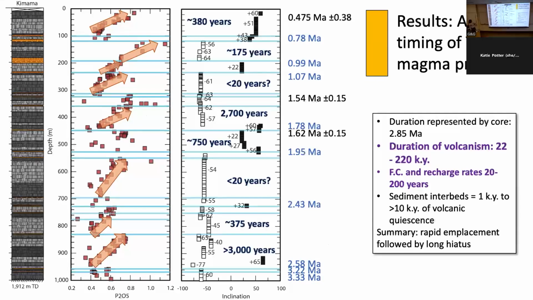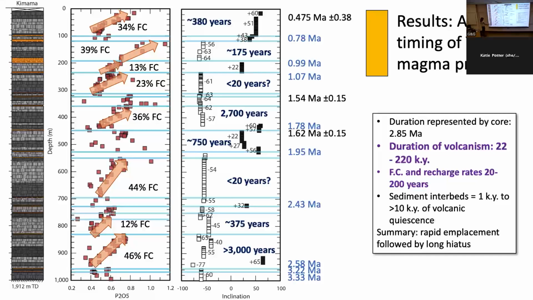So in that uppermost flow, using that average rate, we determine that these flow groups erupted over 380 years. Down here, where we have no paleosecular variation over this thicker sequence, that could have taken less than 20 years to erupt.